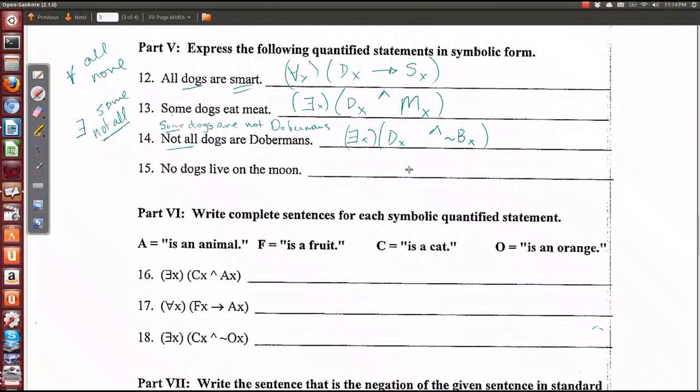What matters, though, is I need to see the existential. I need to see the conjunction. And in the case of 14 as well as 15, I do need to see negation. And remember that my negation always shows up on the second predicate, never shows up on the first predicate.